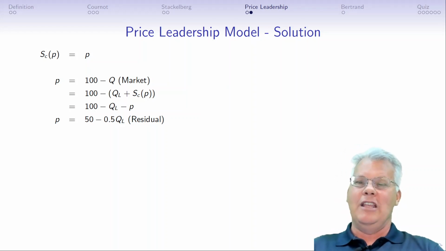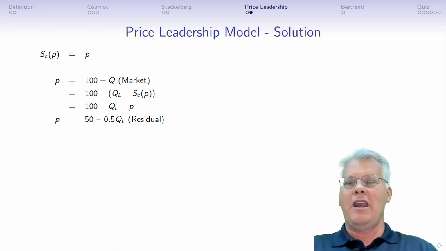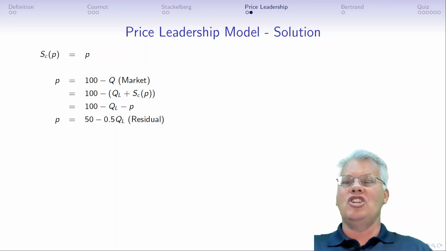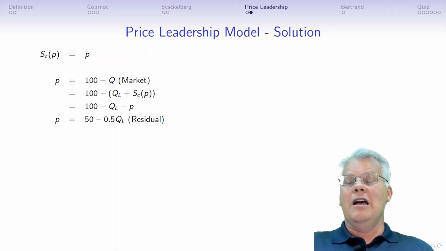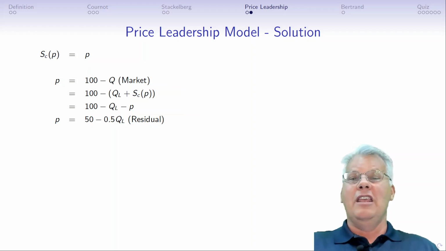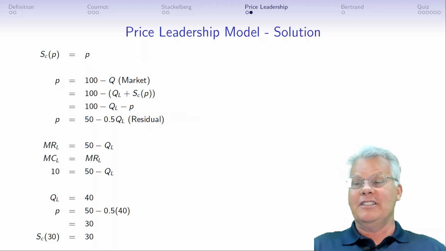I substituted in the supply function from the competitive firms, rearrange, and now I get a residual demand curve for the leader firm. So this is the market in which the leader firm can act as a monopolist.